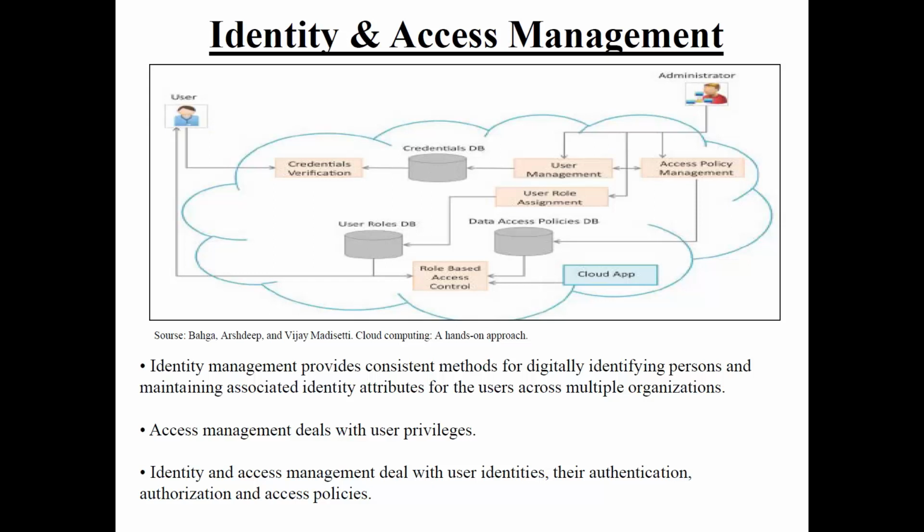Depending upon the role of the user and its privileges, it will be able to access some data, right? So identity and access management deals with users' identity, their authentication, authorization, and access policy.